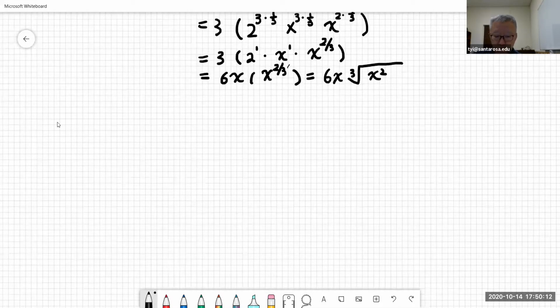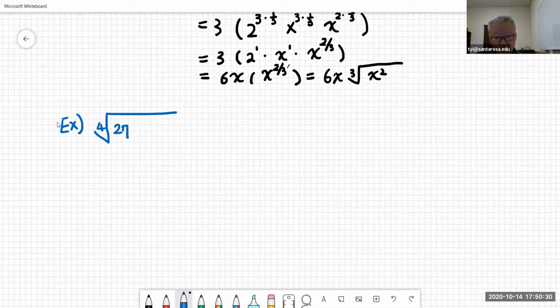All right, so here we want to look at an example. We're going to do everything in radical form. So here we have the fourth root of 27a squared b to the 5. Then we're going to multiply by, again, the fourth root.